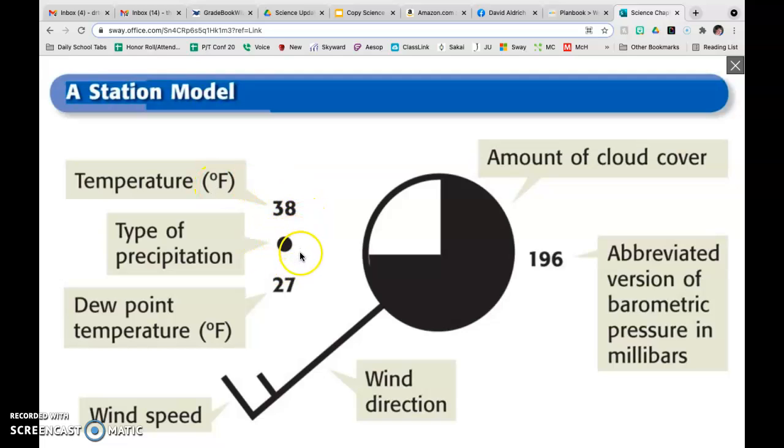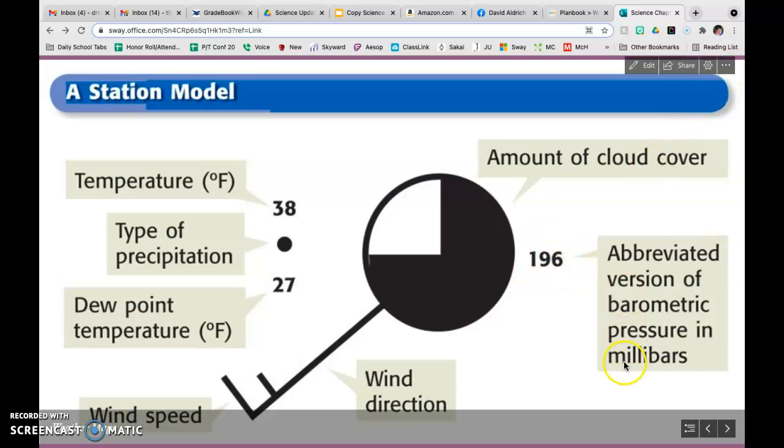It'll tell you the type of precipitation, the dew point, and the higher the dew point, the more saturated and like water vapor the air is, the wind speed and wind direction, the amount of cloud cover, and this is the abbreviated version of barometric pressure, and it will be in millibars. So remember, the lower this number gets, the stronger the storm system is getting.